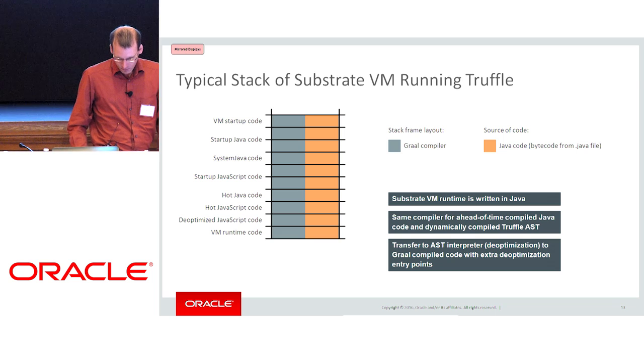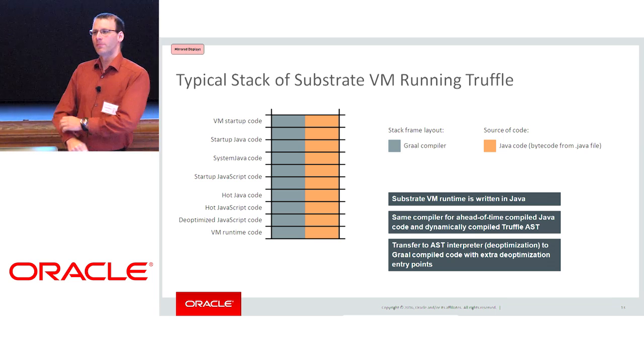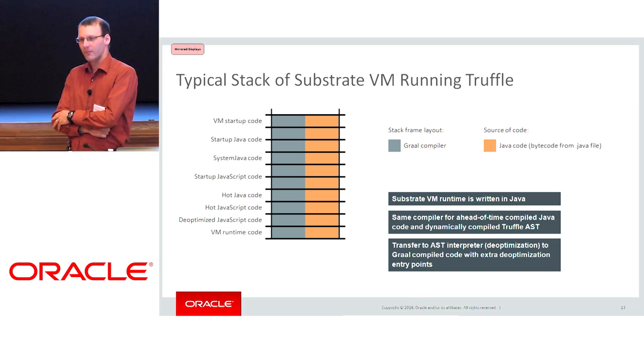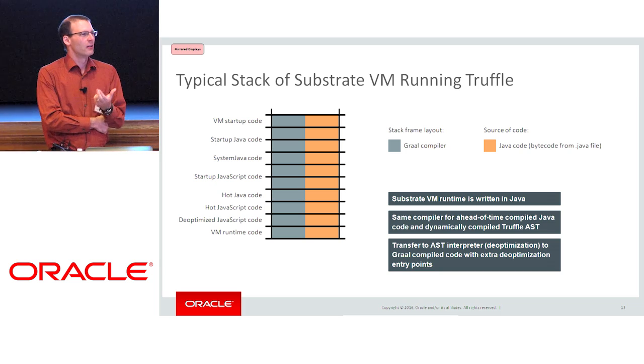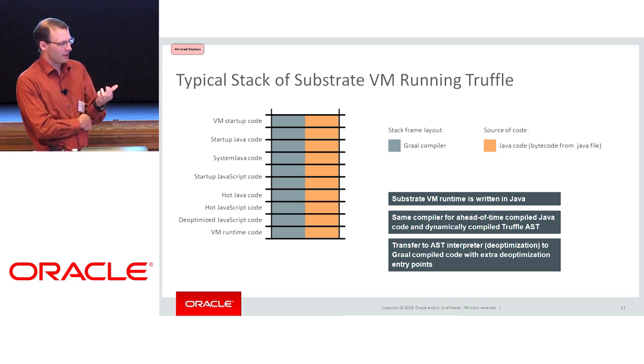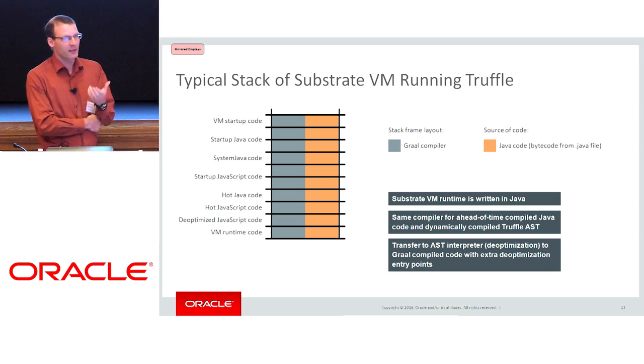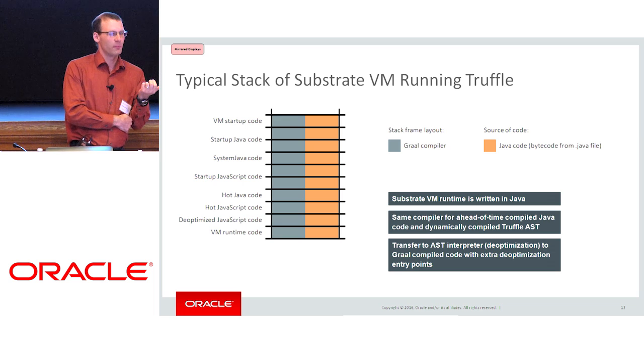And if you want to optimize languages like JavaScript, what you really need is specialization, and that's what Truffle is giving you. But specialization always requires de-optimization. This is the transfer back to the AST interpreter.